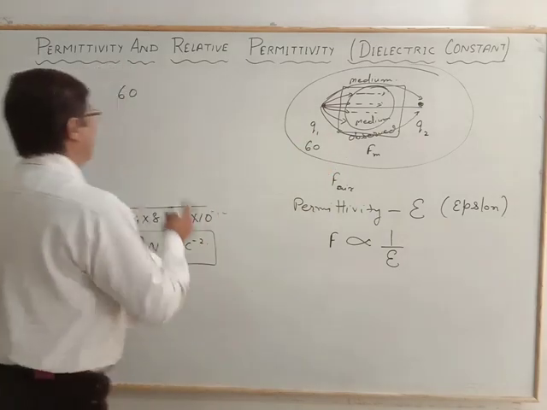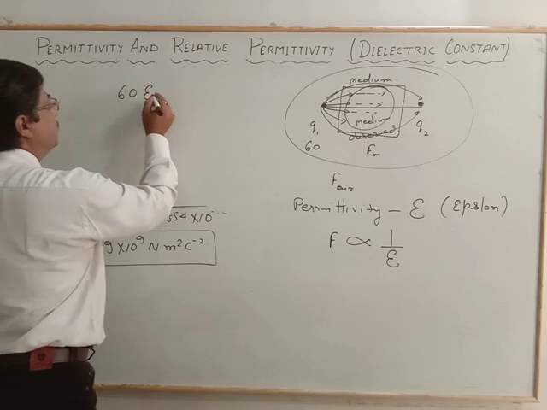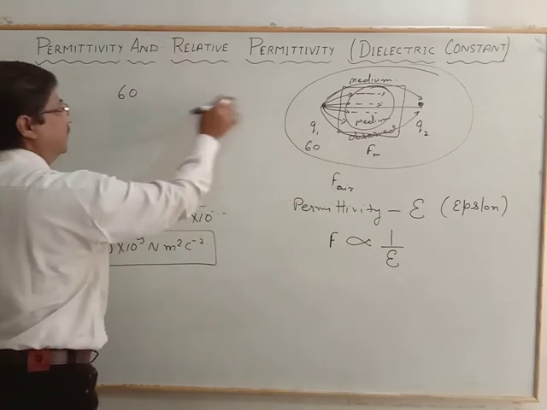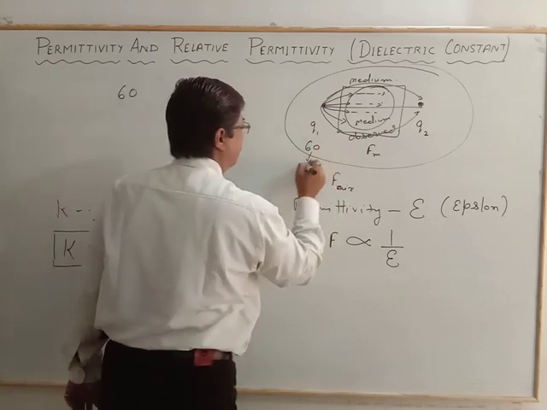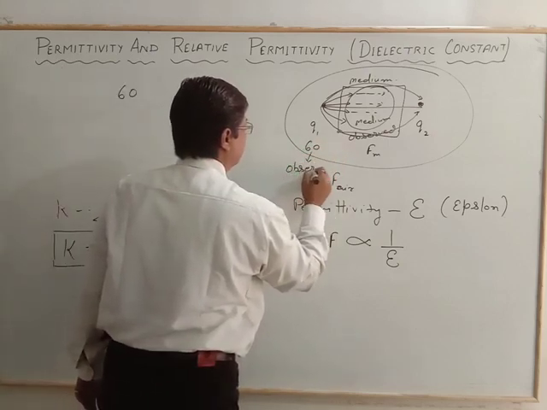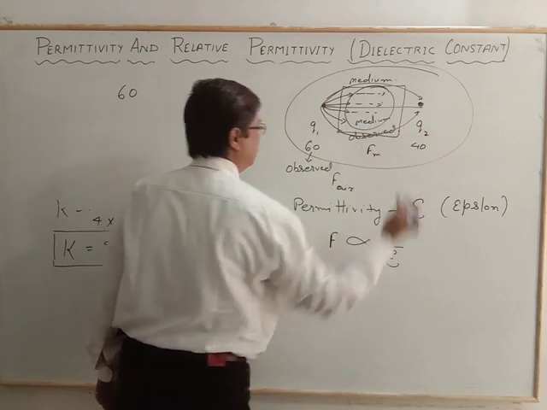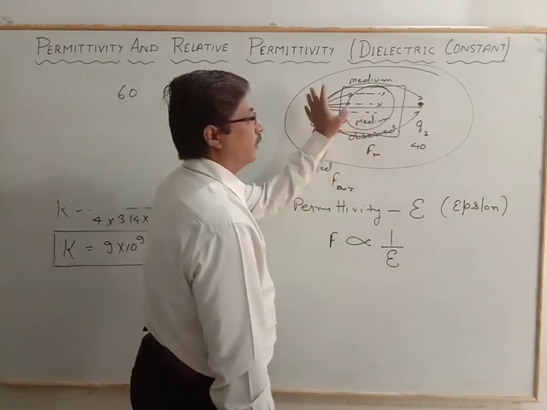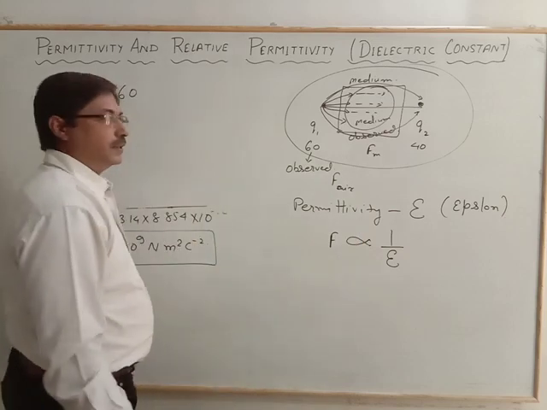If 60 is absorbed, that means 40 will reach here. 40 lines of the force will reach to Q2.